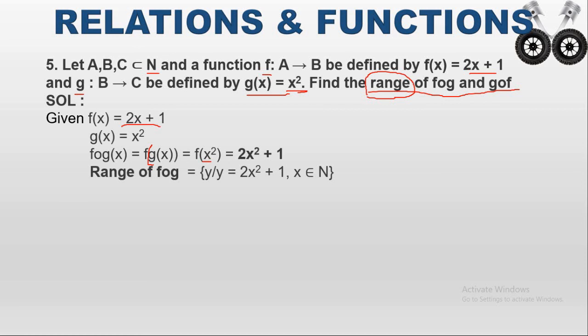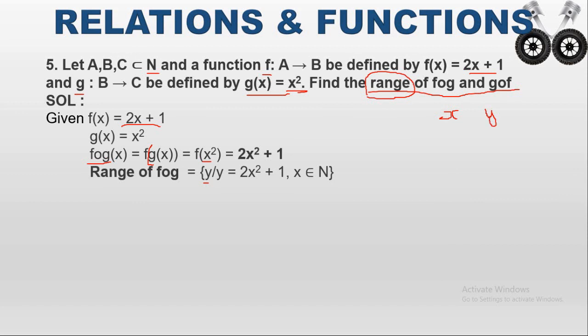So next we have to write the range for f composition g. So already I said, here we are going to write the range in the set builder method. So how can you write the set of all y? So why am I taking y? Because already I used the variable as x. If x is the input, for example, if any function has the value x as the input, then what is the output?